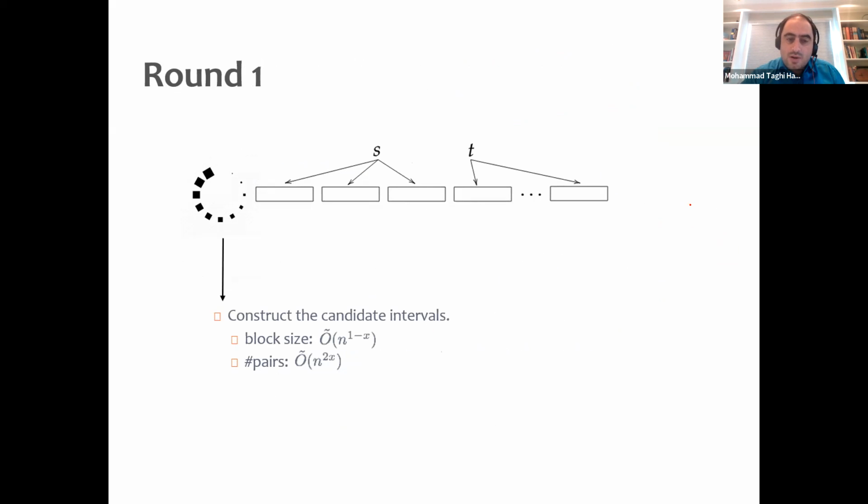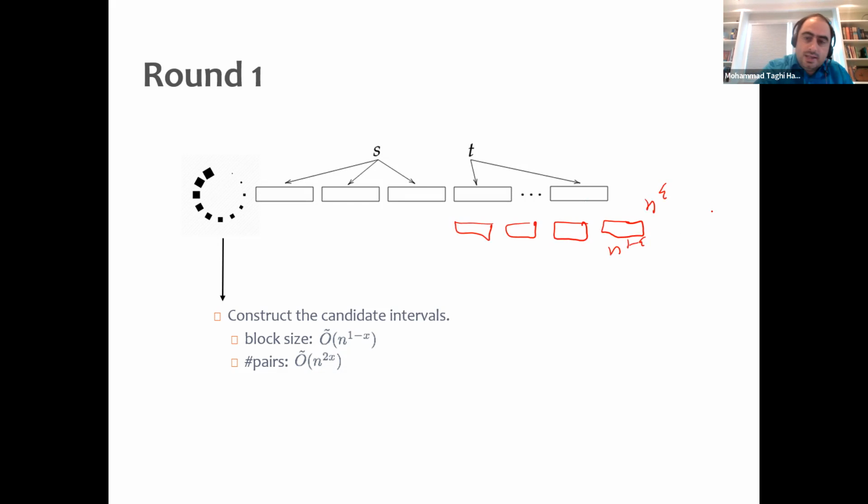So what do you do? This is S and T that you have. You will put this S and T on different machines. So this S would be essentially N to the epsilon blocks, each of them of size N to the 1 minus epsilon.